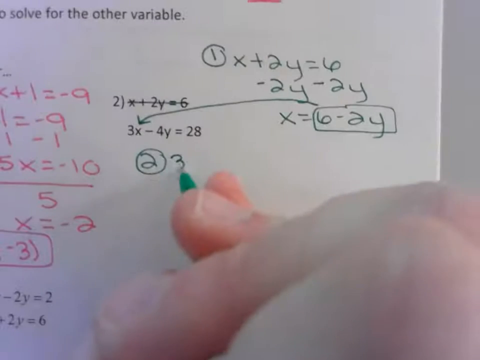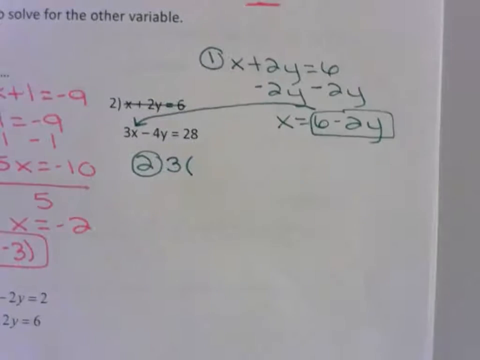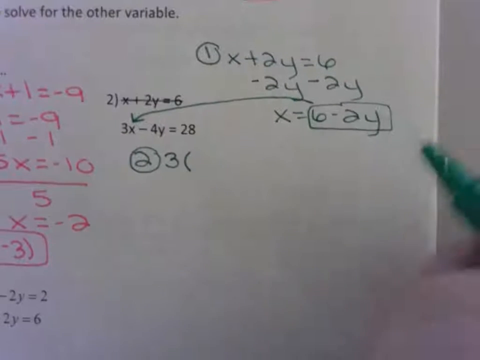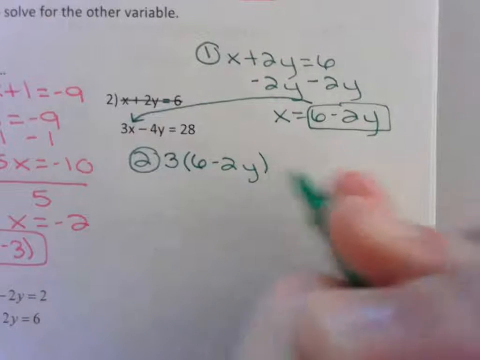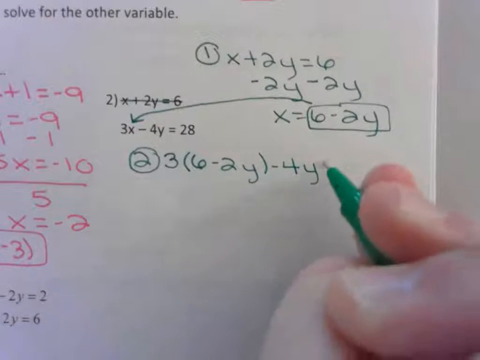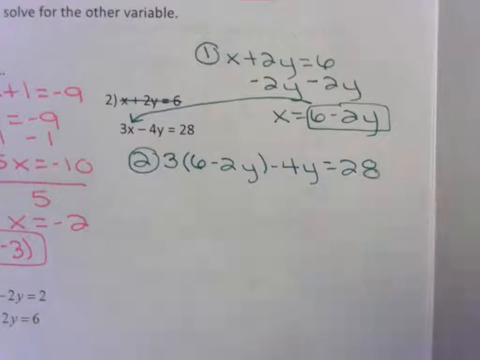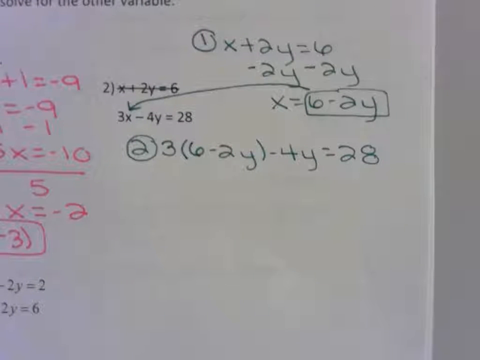So 3 times is times a quantity, so I have parentheses. And what did x represent? 6 minus 2y. So I take that and plug it in where x is. I am substituting it in, so it takes the place of x. So I have 3 times 6 minus 2y, which is what x was, minus 4y equals 28.